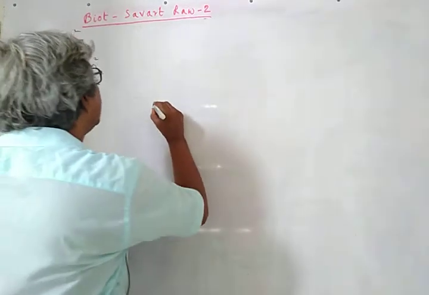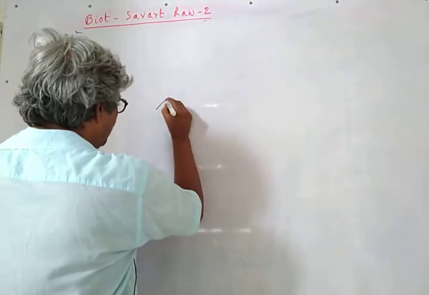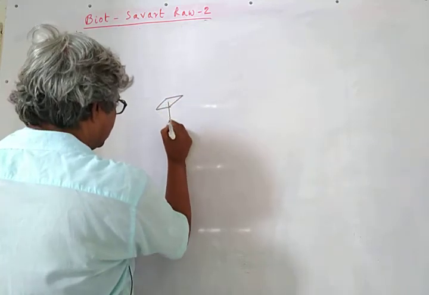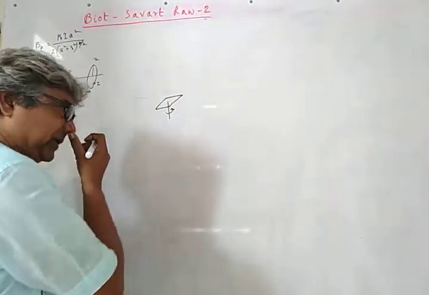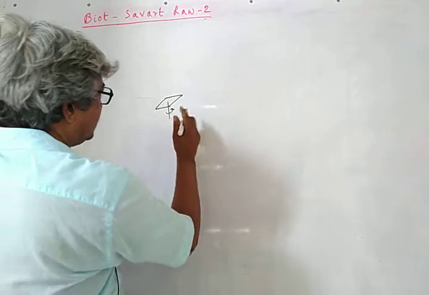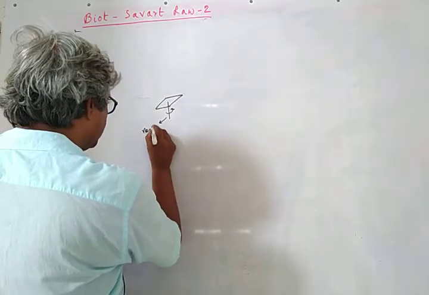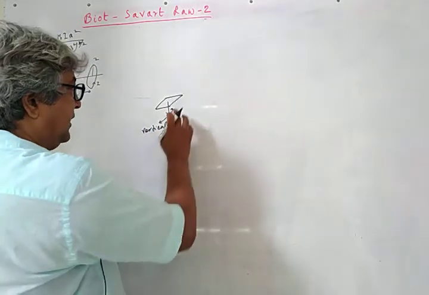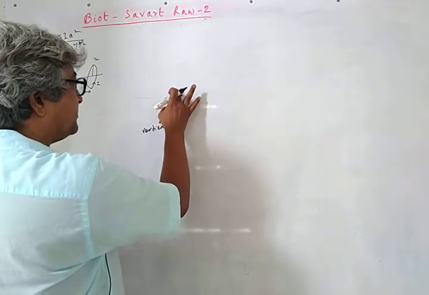The magnetic needle is generally used on a pivot. This is a pivot, and the needle is allowed to move along this direction. If a translational force acts on this, then this vertical axis will be tilted, and there will be some restriction to the free movement of the needle.